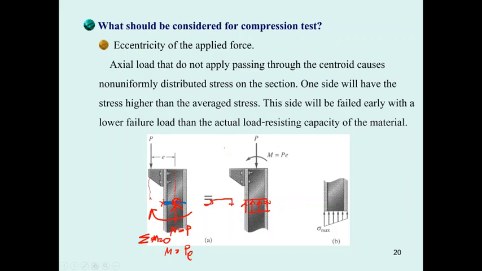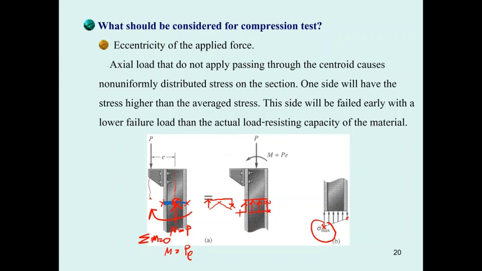So we get this. When you combine them together, this is compression and this is compression, so you get high stress here. This is tension and this is compression, so you get low stress here. So this is the point where the structure is going to fail early.